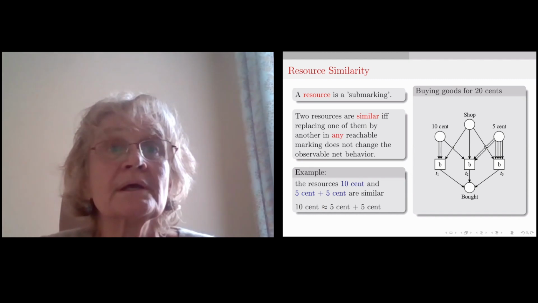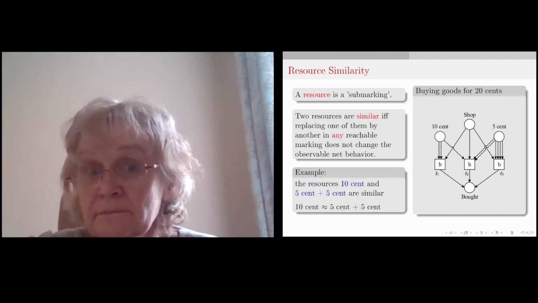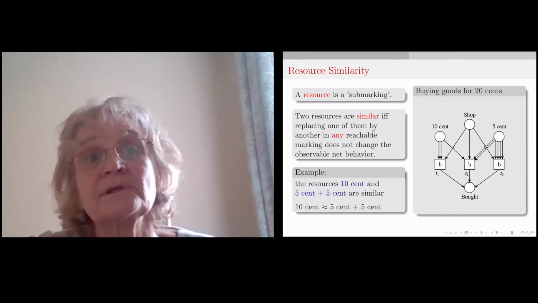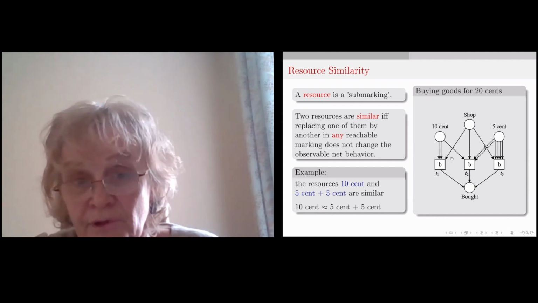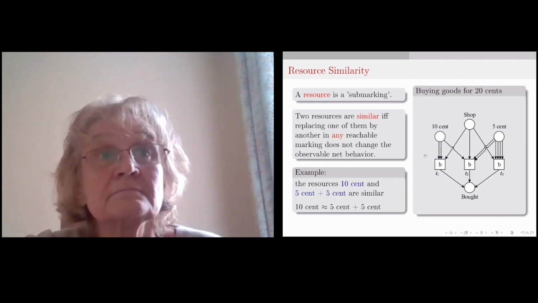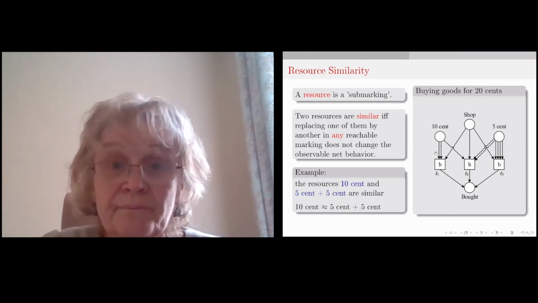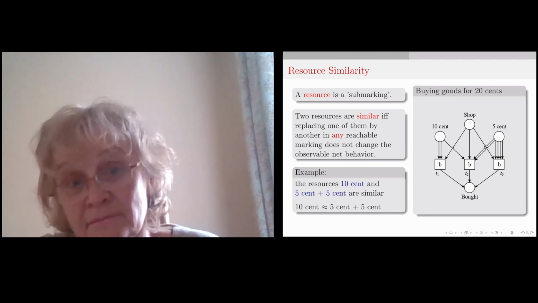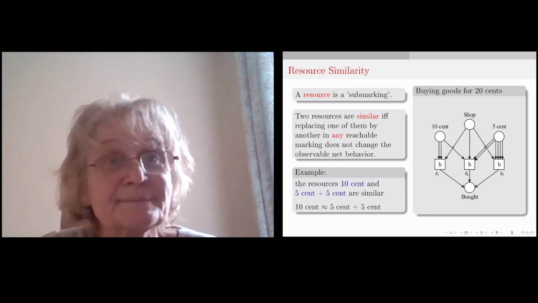And then when we define resources, we say that two resources are similar if substituting one resource for another in any reachable marking doesn't change its observable behavior. Like here in our example, we can change one 10-cent coin for two coins of 5 cents.